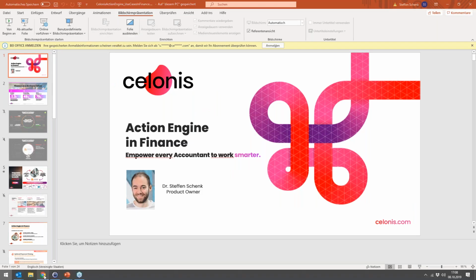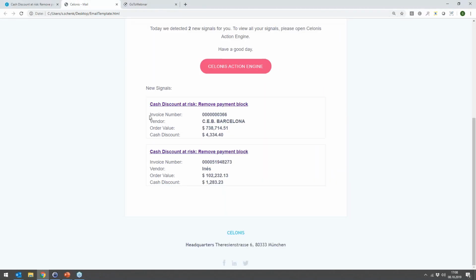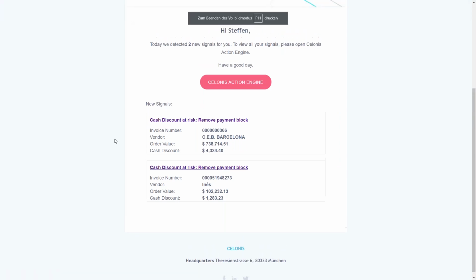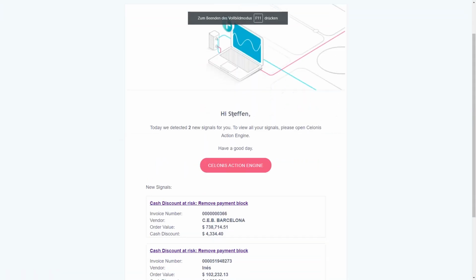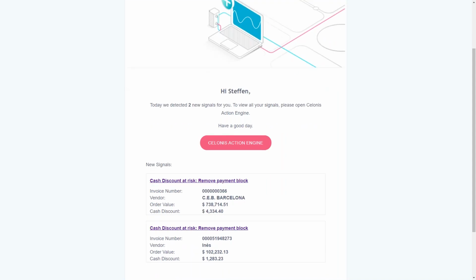To do that, let me show you how it looks like from the accountant perspective. So let's assume I'm Stefan working as an accountant in my company. And the first thing that happens every day, say at 9 a.m. in the morning, is that I receive, as an example, an email directly from the Action Engine where it says that there are 2 new signals for me.